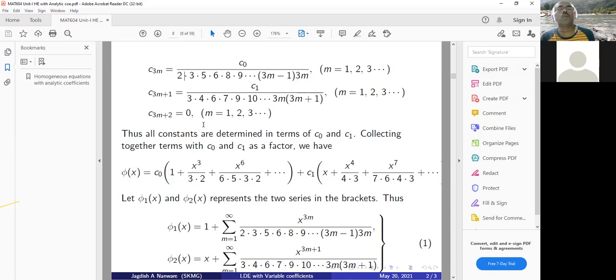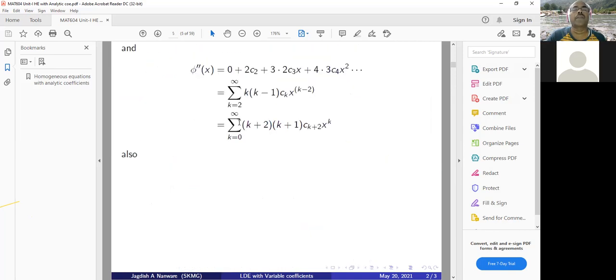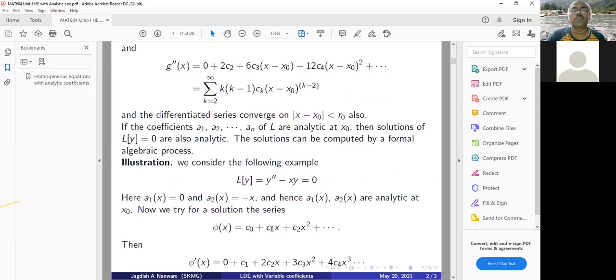Now, we put all these coefficients in this expression, phi of x equal to C0 plus C1x plus C2x square plus C3x to the power 3 plus, if I write any term in the middle, C10 x to the power 10, C15 x to the power 15, C77 x to the power 77, like that. Okay, so we put all these values in this expression and separate all those terms.